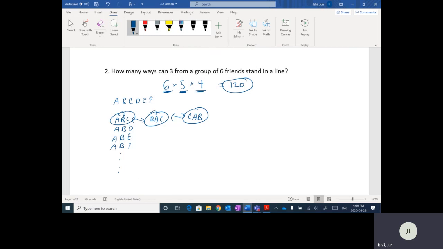All right, cool. So we can answer this question again using the fundamental counting principle. But now I'm going to introduce you to the permutation notation.